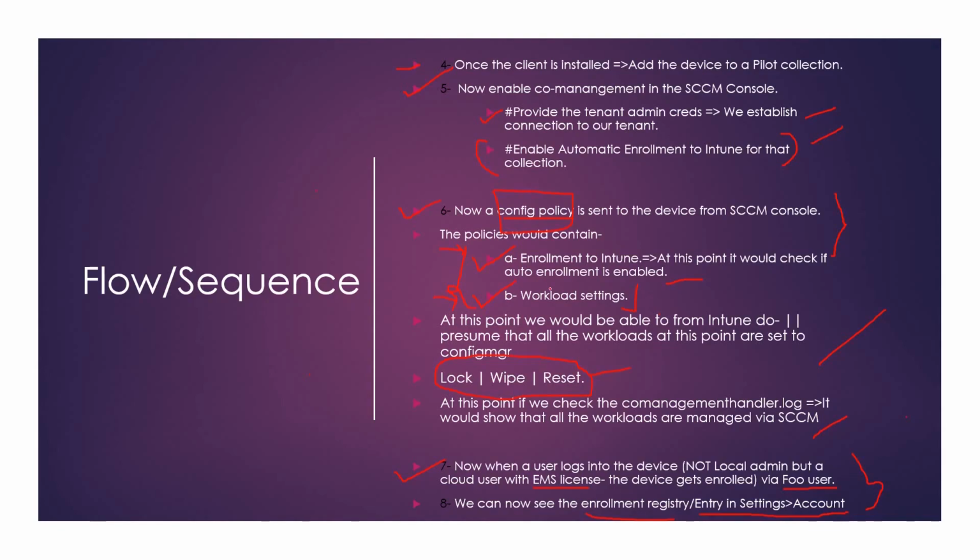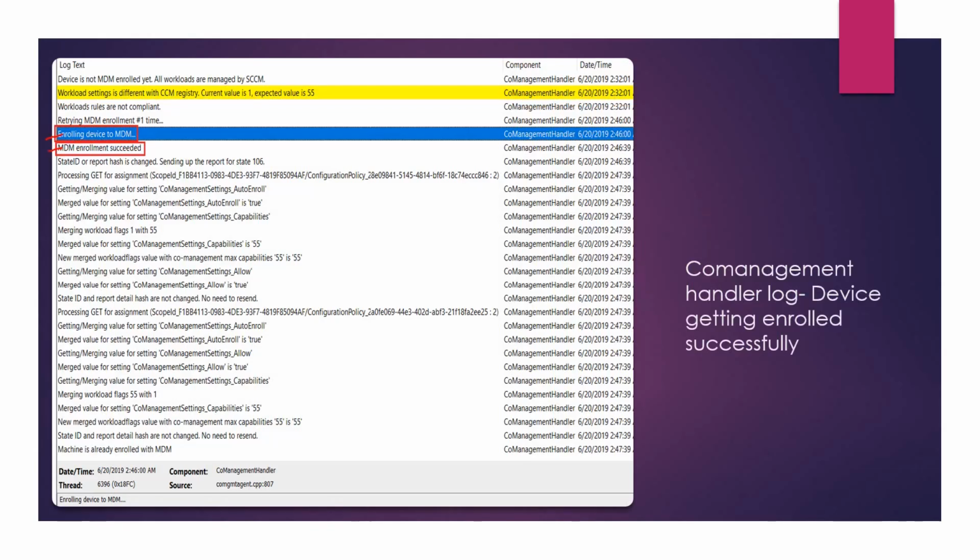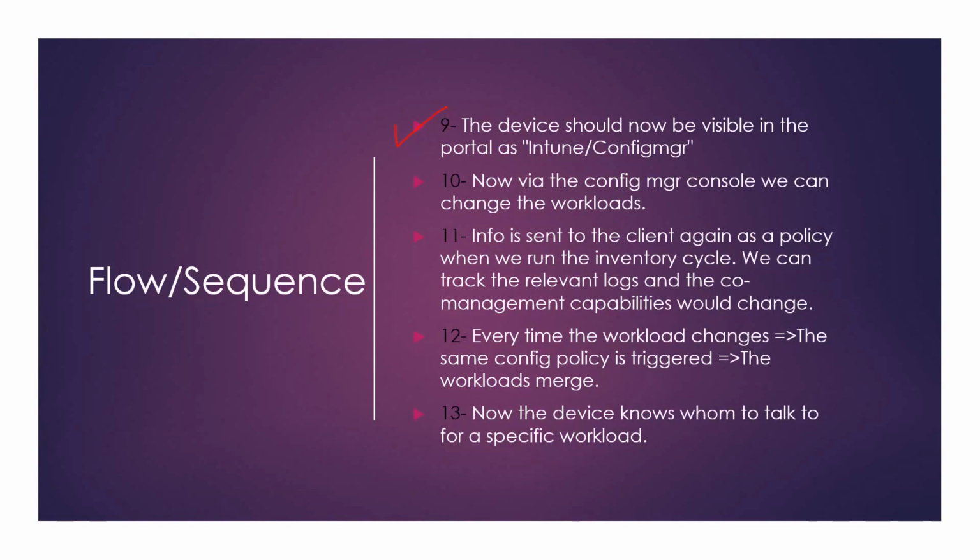From this point onwards, every time we change the workload, every time we switch the workload, the same configuration policy will be sent to the device again and again, which is going to contain the latest information on what exactly the workload is. And that is something which can be tracked in the co-management handler log.